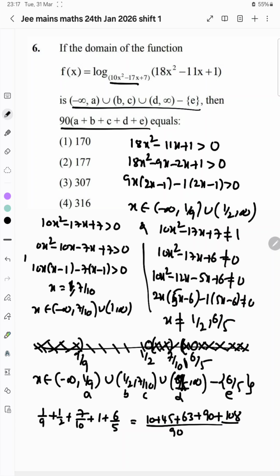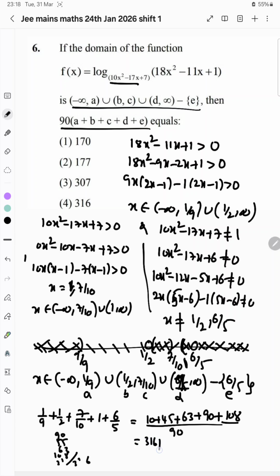Let's add these all. 45 plus 10, 55. 55 plus 63, then 90 and 108. These all we should add. 8 plus 3, 11, 11 plus 5, 16, 9 plus 1, 10, 10 plus 6, 16, 16 plus 5, 21 and 3, so 316 by 90 we will get.